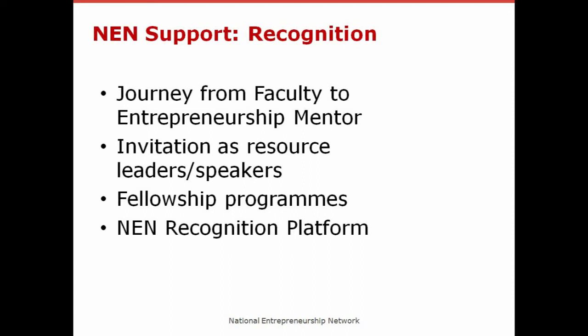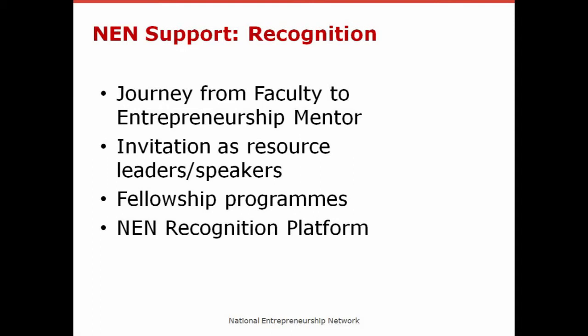Apart from the journey, we can also give you opportunities to lead various courses for us, to lead our webinars like how Marlena and I are leading right now. Then also opportunities such as fellowship programs. For instance, we are partnering with IIT Kanpur for a case development program.